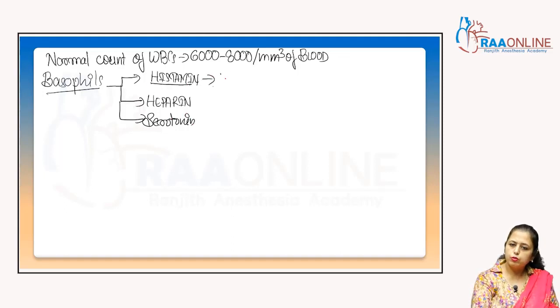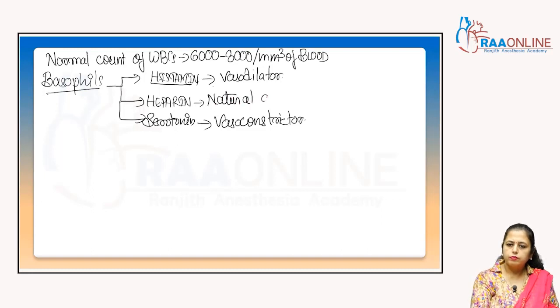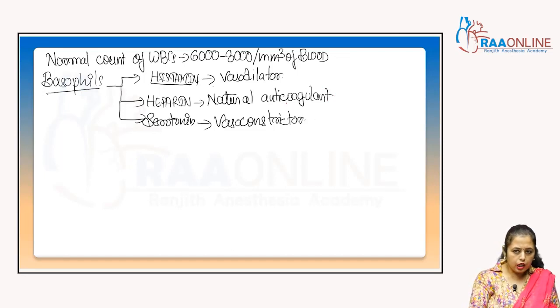Histamine is also known as the vasodilator. Serotonin is the vasoconstrictor. Heparin is the natural anticoagulant. Right? Heparin is the natural anticoagulant. Now what will happen?